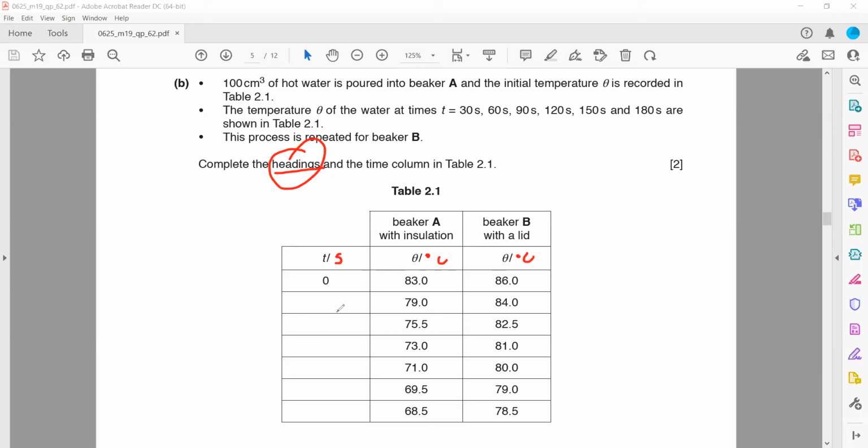Then complete the column for the time. So when we start the experiment, we say time is 0. Use a screen annotation to complete the values for the time here. So this one is 30, that's right, because they mentioned we repeat the experiment at 30, then it is 60.